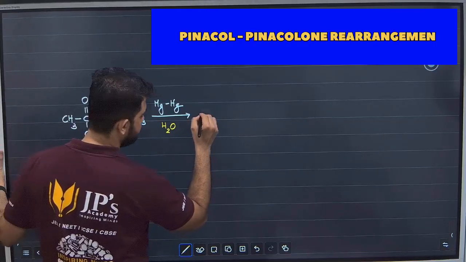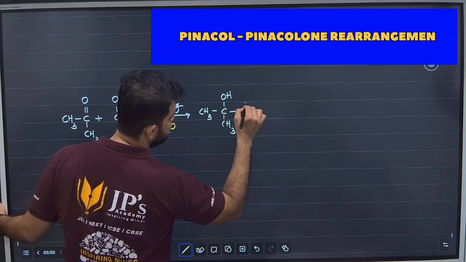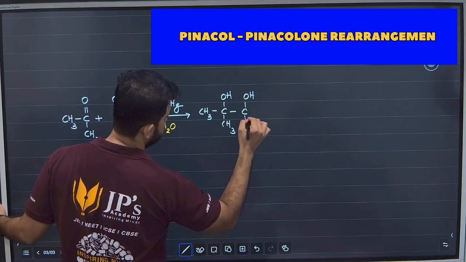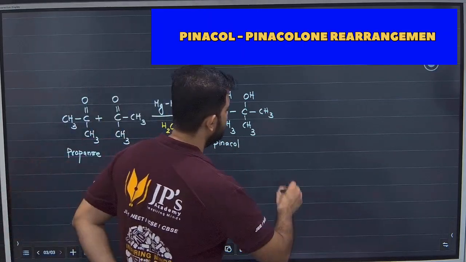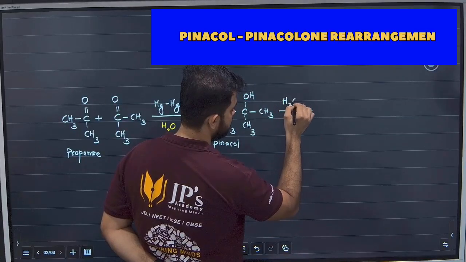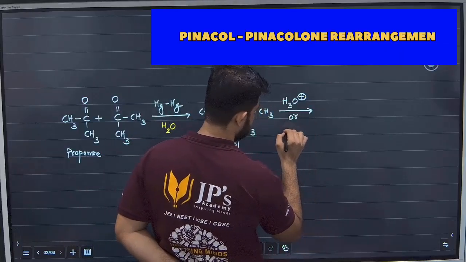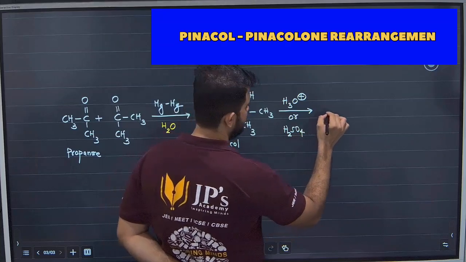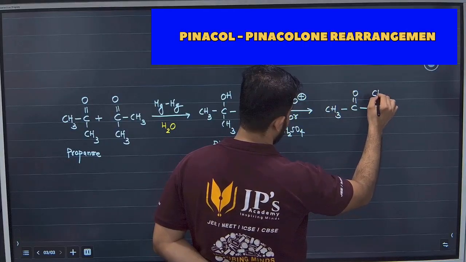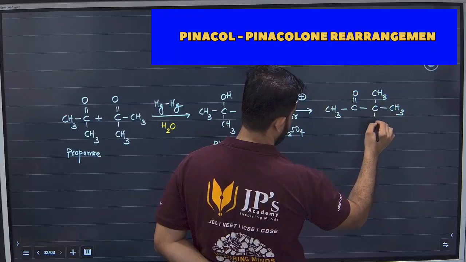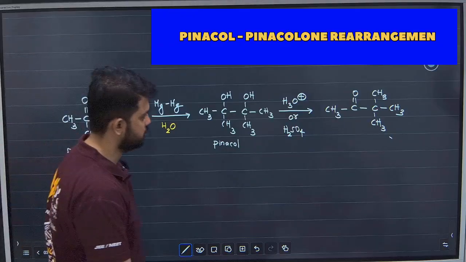What we first get here is this compound. The name of this compound is pinacol. And this pinacol on acid hydrolysis gives us, sometimes just write H2SO4, we get this compound plus H2O.